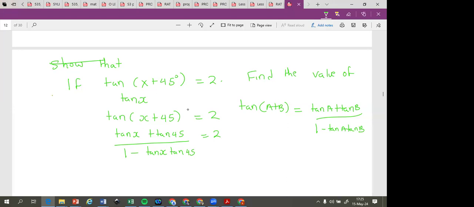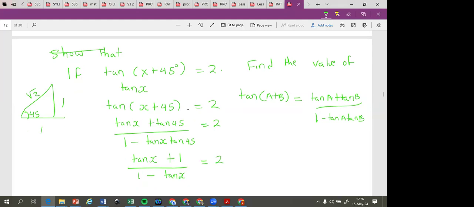Now, when we go back to our right angled triangle where we had 45, 1, 1, what is tan of 45? It is 1. So where there is tan 45, we say plus 1 out of 1 minus tan x times 1 is equal to 2. Is that fine?